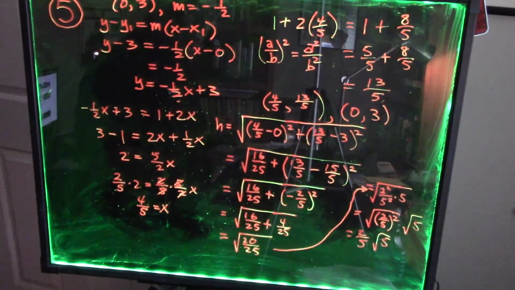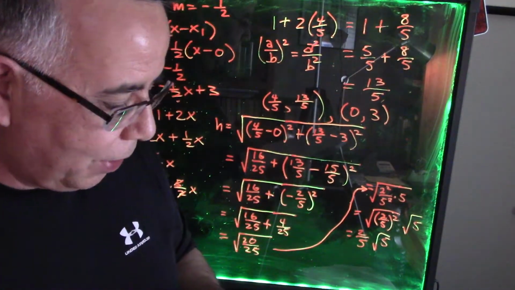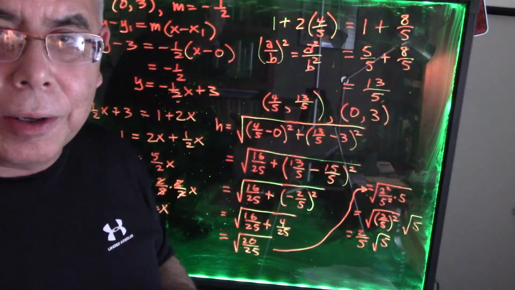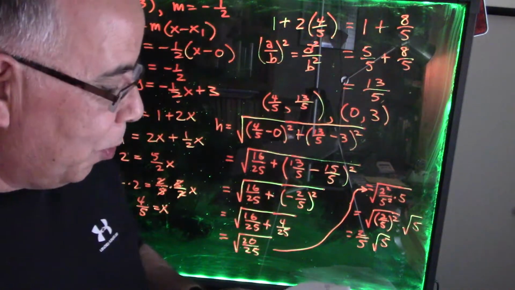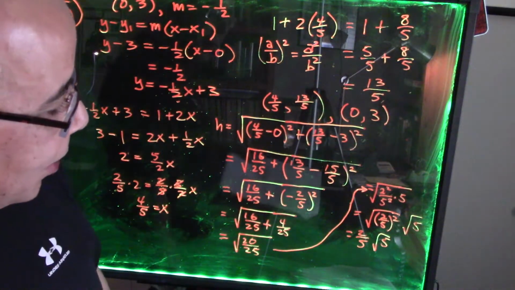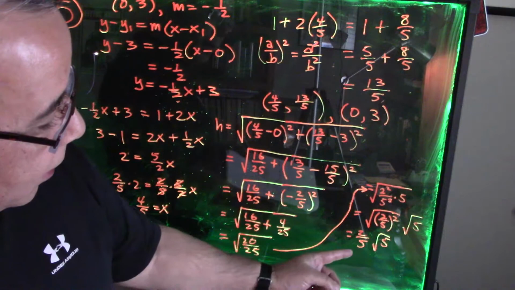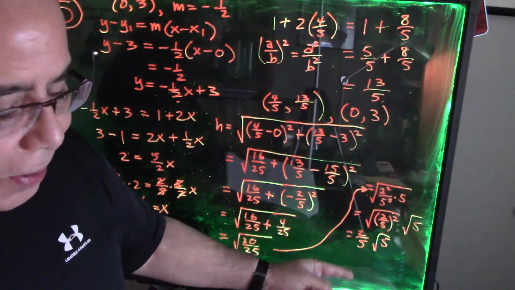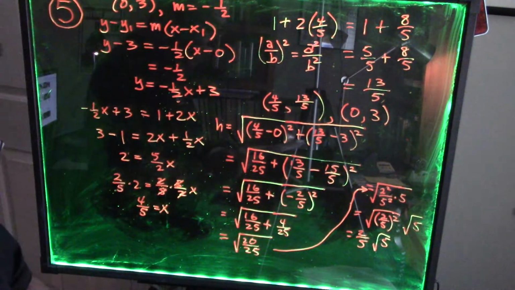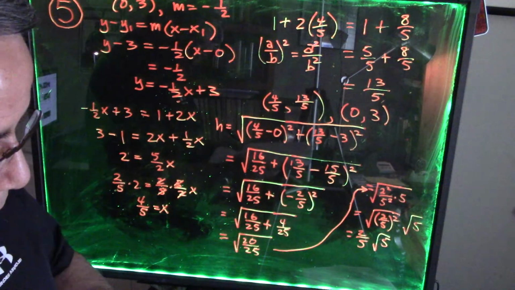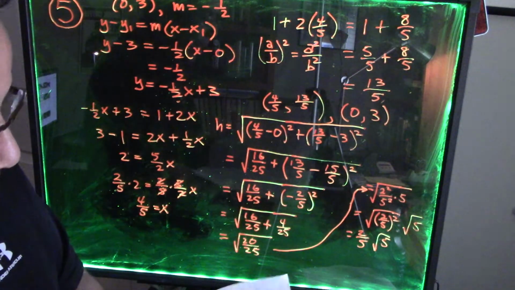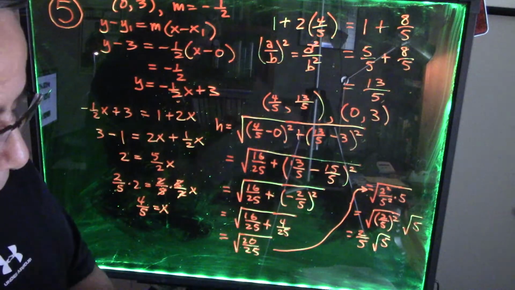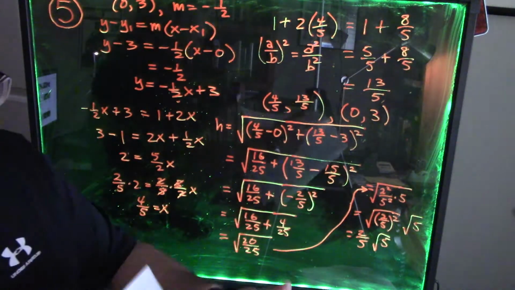That's the exact value for h. Okay? If you use a calculator on this, you'll get a value, but it won't be exact. It'll be an approximation. This is the exact value. Now, what we need is the length b. What was b again? Here we go, back to the diagram.